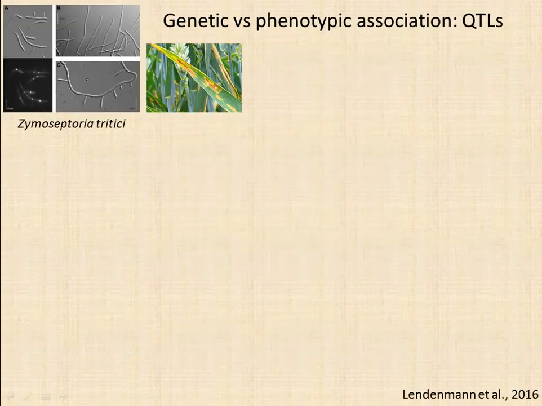So here's an example. This is the example of a fungus that affects wheat, and people noticed that depending on the region where wheat is grown, this fungus is able or not to affect wheat.